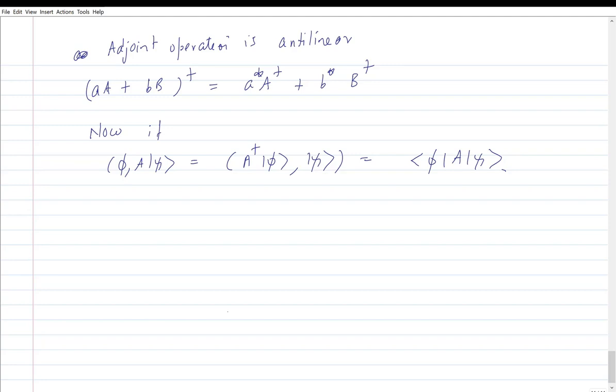So in other words, I can apply either psi taking the inner product with a psi, or I can call it an A dagger acting on the first element and then take the inner product.